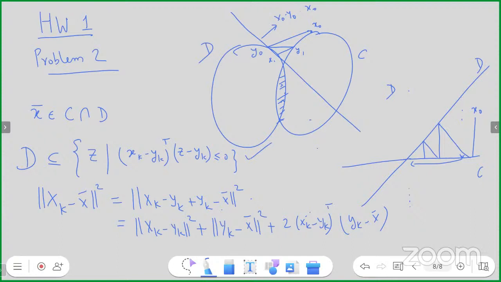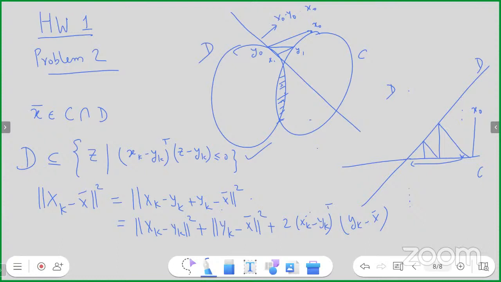So use that in here. What will I get? Remember, x bar belongs to both the intersection of C and D. Then because (xk minus yk) transpose (z minus yk) is less than or equal to 0, we flip that around to get yk minus x bar, so that thing will be greater than or equal to 0.